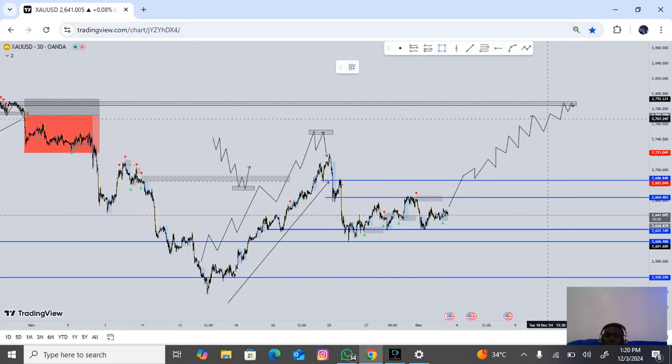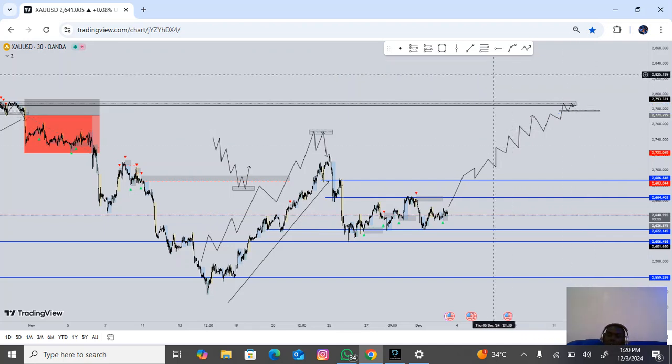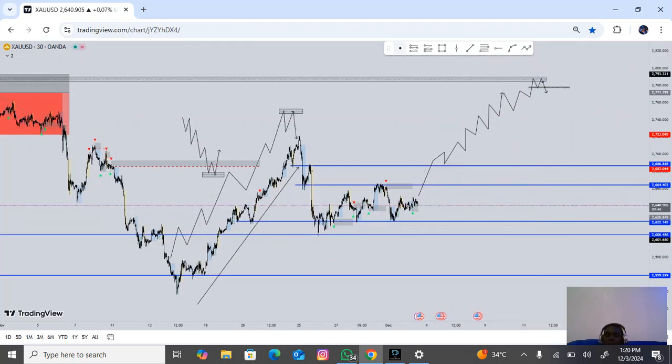What you do is draw your zone right here, which is the neckline. Now what you're going to be waiting for is price breaking below this zone, this neckline.